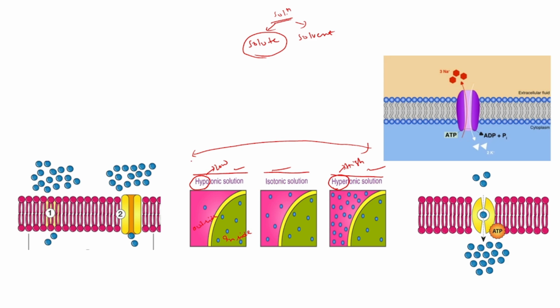That means in the hypotonic solution, at the outer side, low solute concentration is present. That means inside, higher solute concentration is present, and at the outer side, lower solute concentration is present.